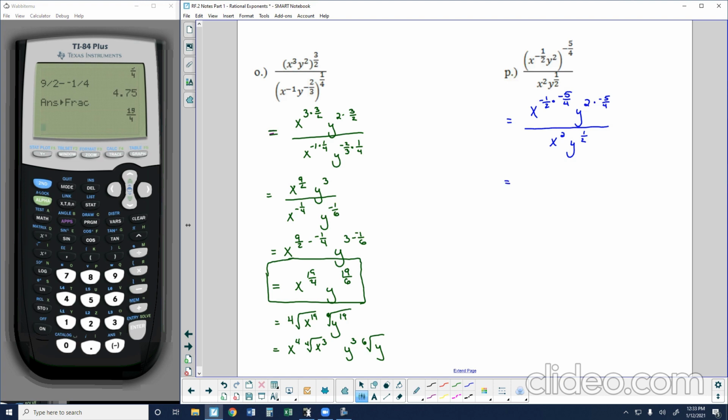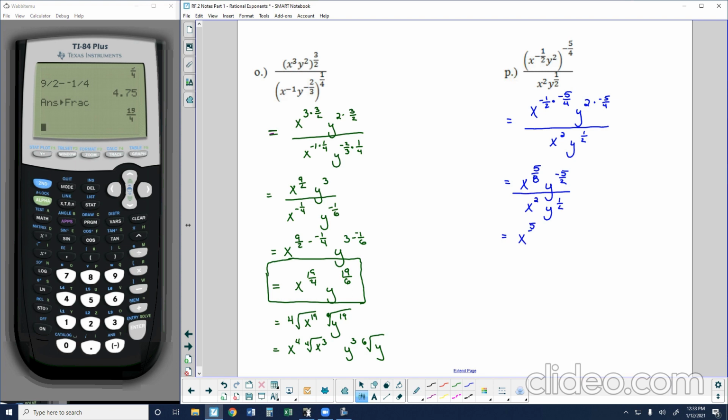So as I simplify, x to the negative 1/2 times negative 5/4 would be to the 5/8 power. Y squared times negative 5/4 would be y to the negative 5/2 power. Then in the denominator, I'd have x squared and y to the 1/2 still. Now that I've simplified the numerators and denominators, I can divide the common bases, which means we subtract.